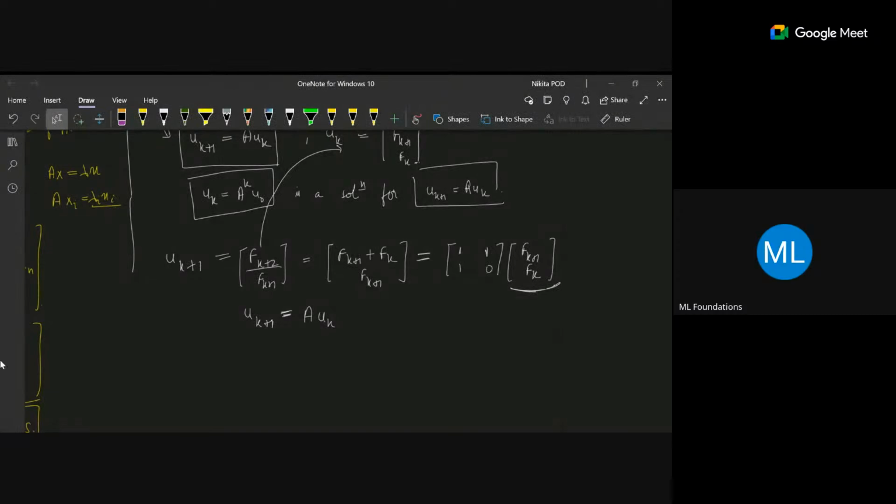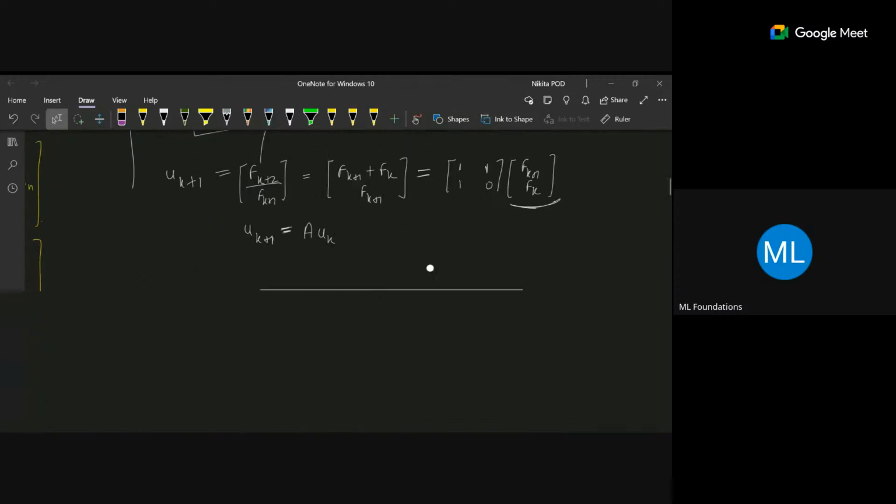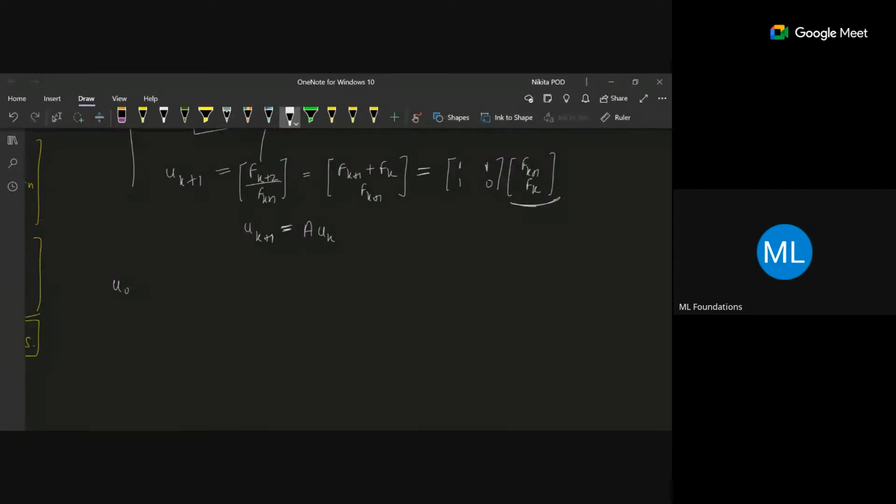So how will you go about it? You have the initial solution to be u_0, and we know that u_{k+1} = A u_k. So what would u_1 be? It will be just A u_0. What would u_2 be?